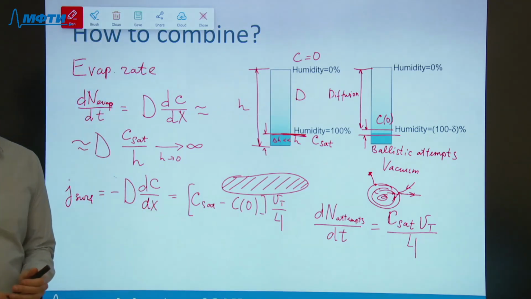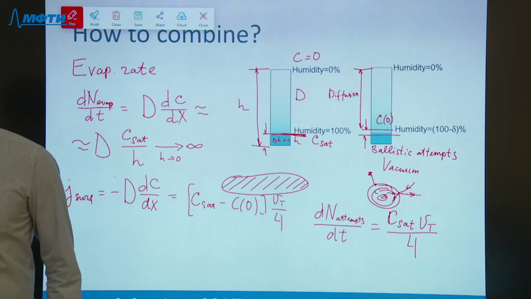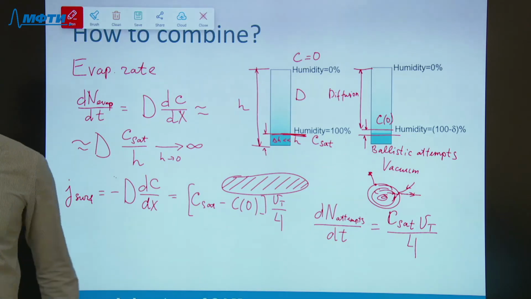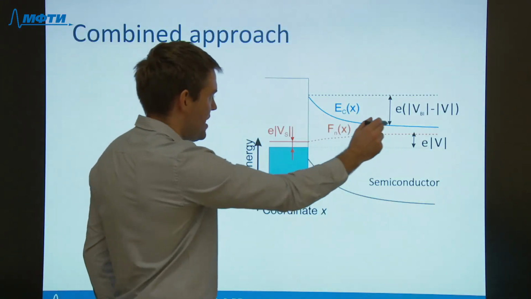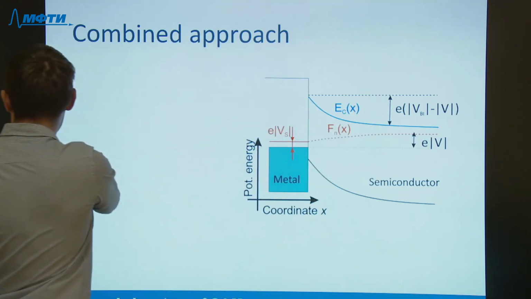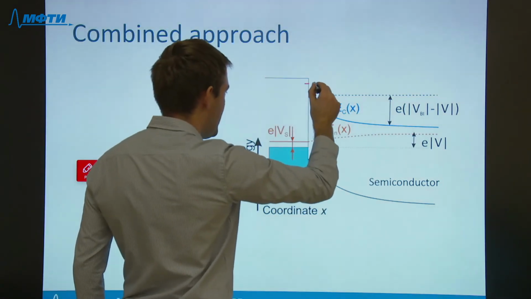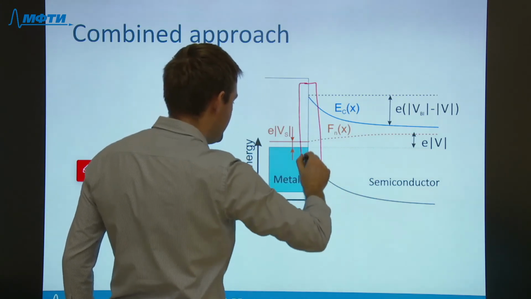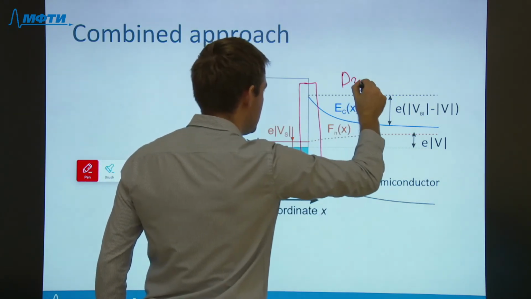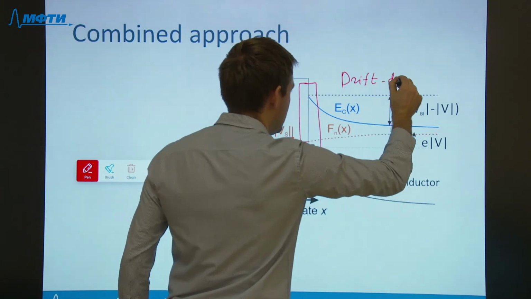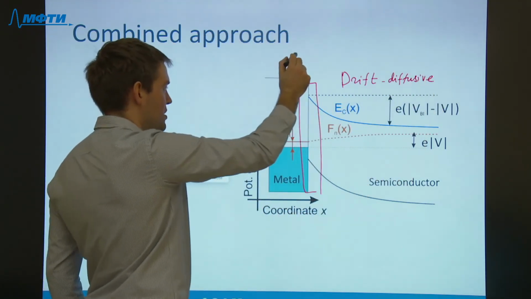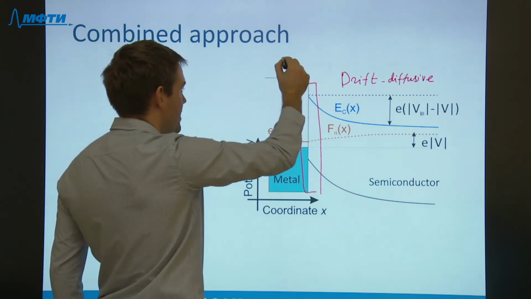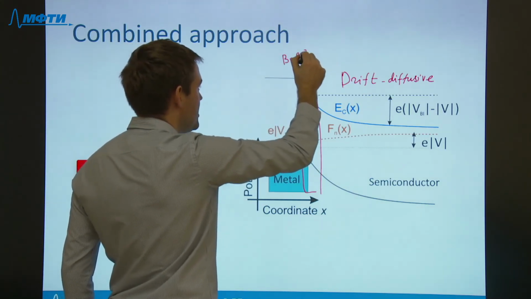The same thing can be done for Schottky junctions. We can assume that there is a section of semiconductor that is described by drift-diffusive equations, and there is a short section, of length of order of the free path, that is governed by ballistic equations.